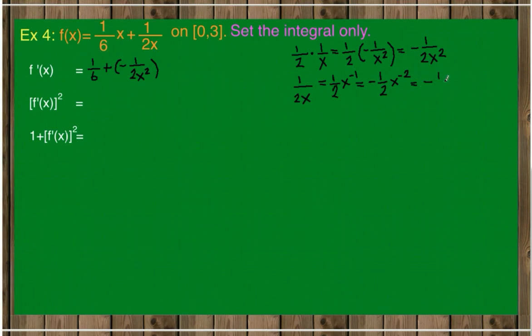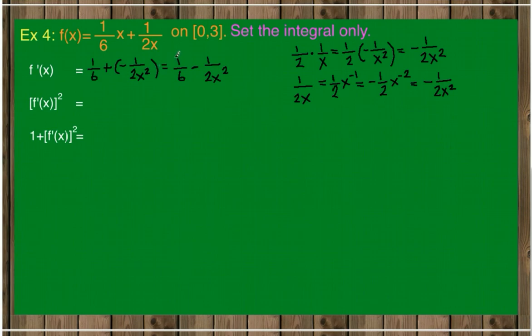So negative 1 over 2x squared. You get the same result. So the derivative of f of x will be 1 over 6 minus 1 over 2x squared.